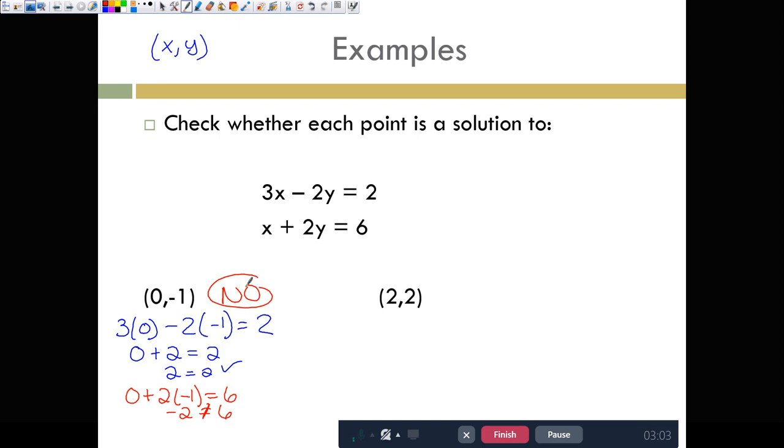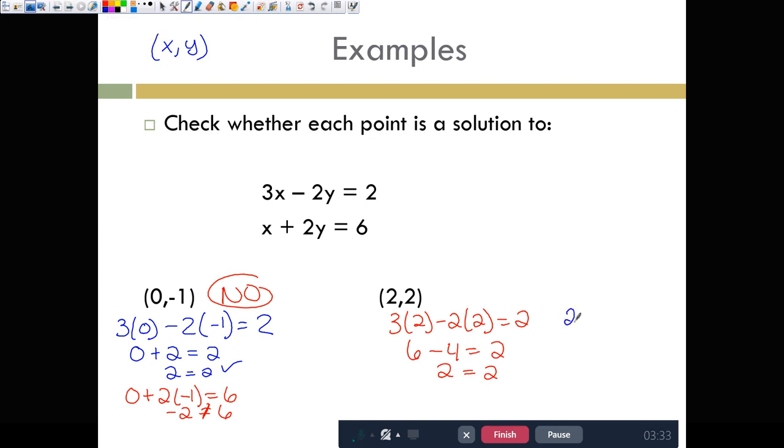Okay? So let's try the other ordered pair here. So I'm going to do 3 times 2 minus 2 times 2 equals 2. And I'm substituting in 2 and 2 for x and y. So 3 times 2 is 6. Negative 2 times 2 is negative 4. And 6 minus 4 is 2, so 2 equals 2. So far, it seems like it is a solution. But we can try our other equation.